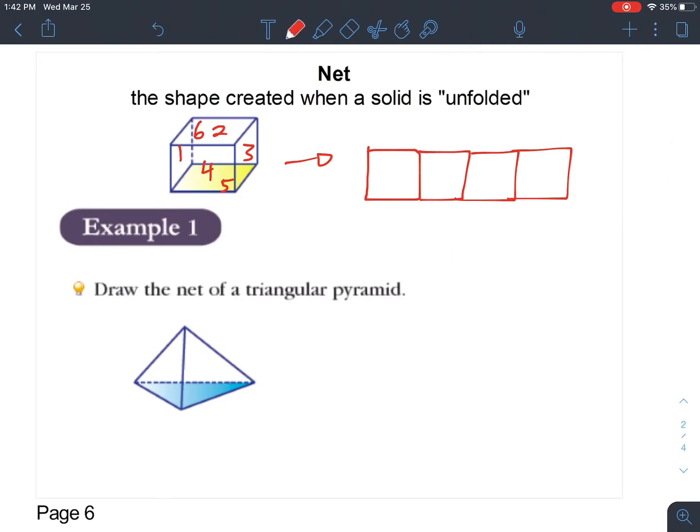Instead, what has to happen is that we need to put one on one side of those other 4 and then one on the other side. And now when we fold these together, yes, we'll still get the cube shape, but at least this time all of the sides, all the faces will be included.